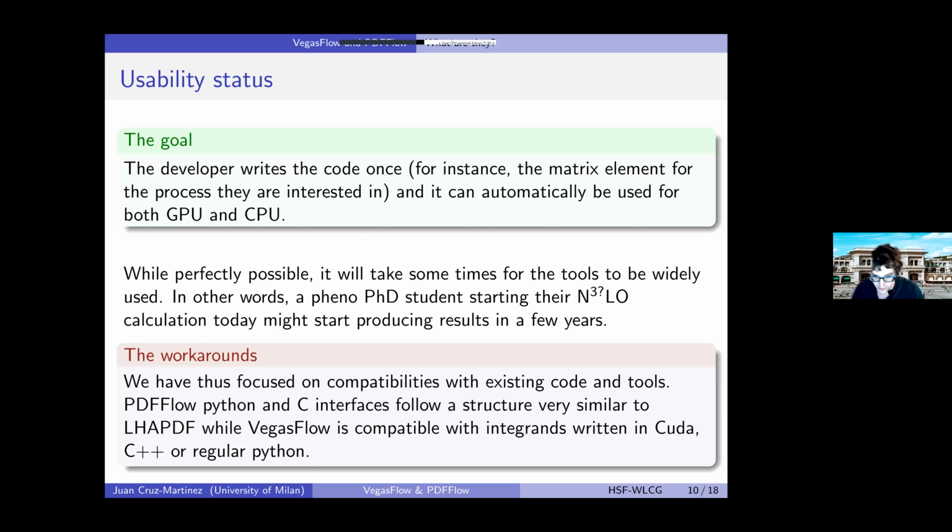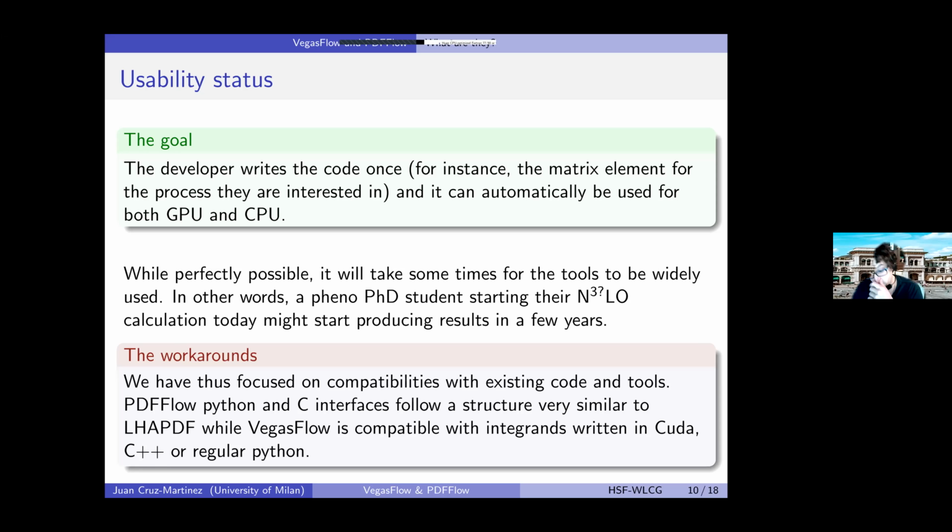And what is the status right now? Right now it's perfectly possible already to write next-to-leading order calculations using these tools. I don't expect any very complicated calculation to be ready in the next months, obviously, because I personally know that it can take years before getting any of those running.